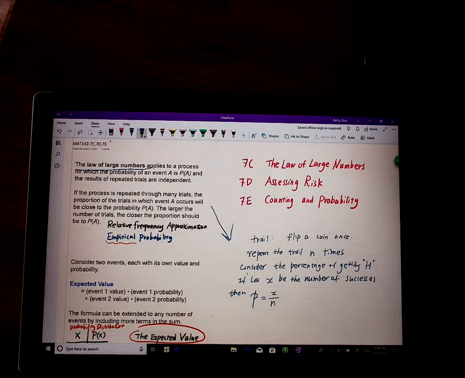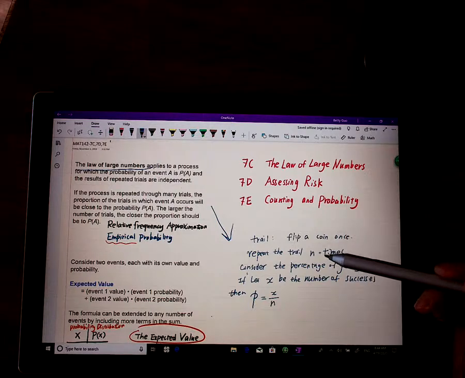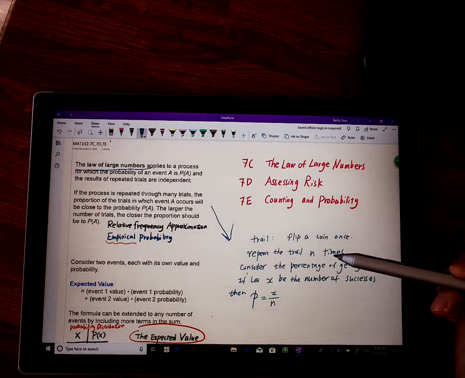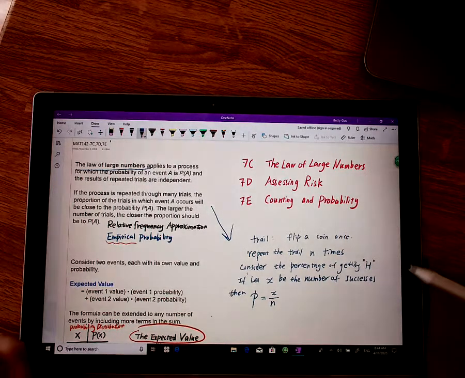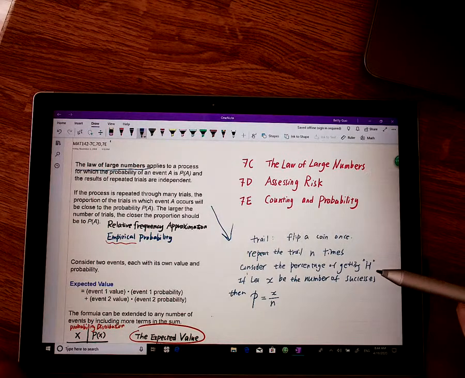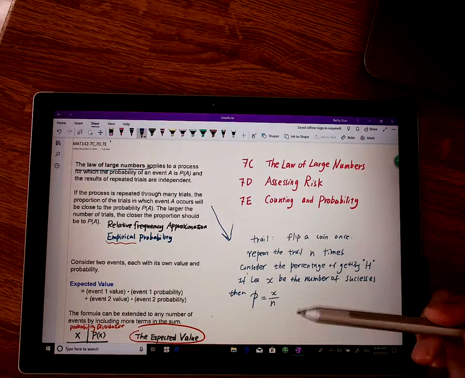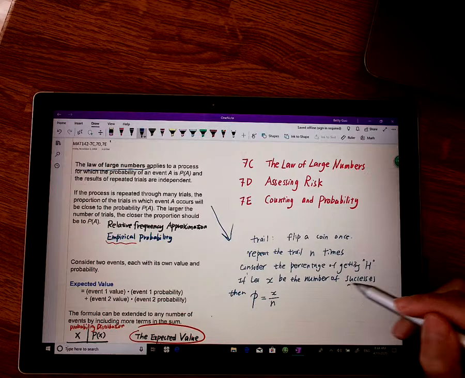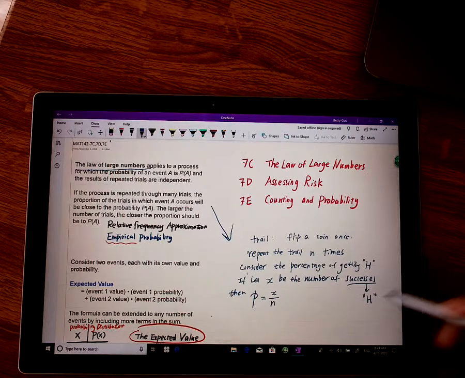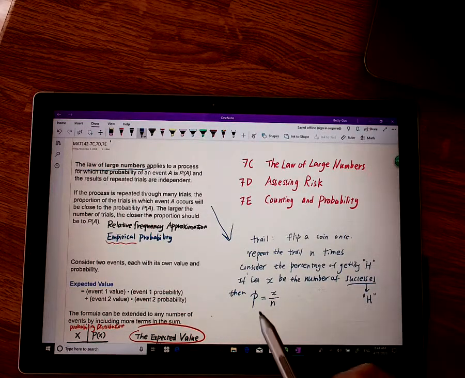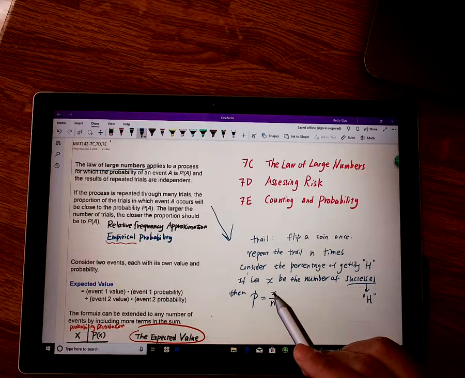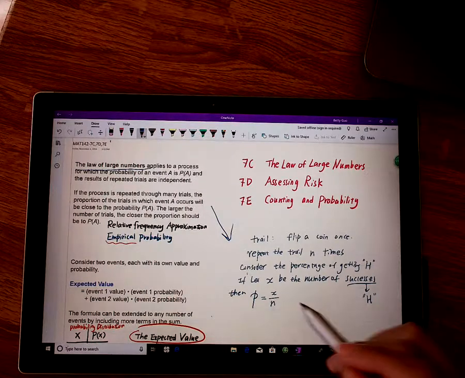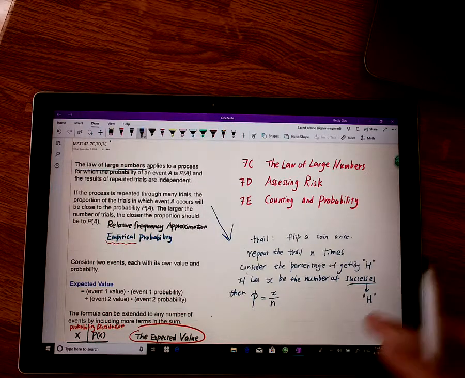You flip it another time, you have another result. You flip a coin n times, from the n trials you would have a sample with size n. The data in the sample is either head or tail. If we let X be the number of successes, here meaning getting a head, then the percentage of getting a head, or the sample proportion, would be X over N, the number of successes over the sample size. Do you agree?